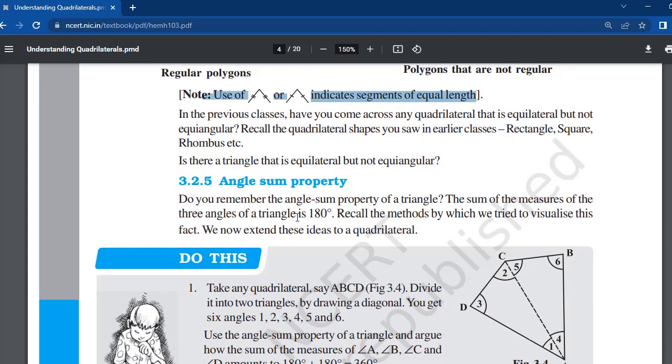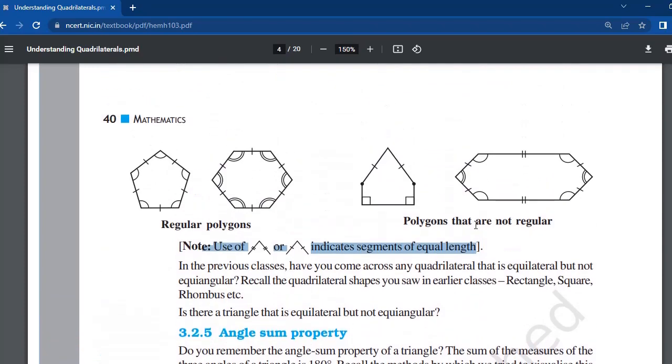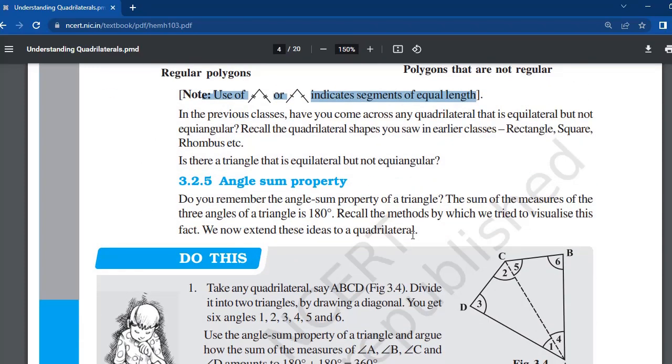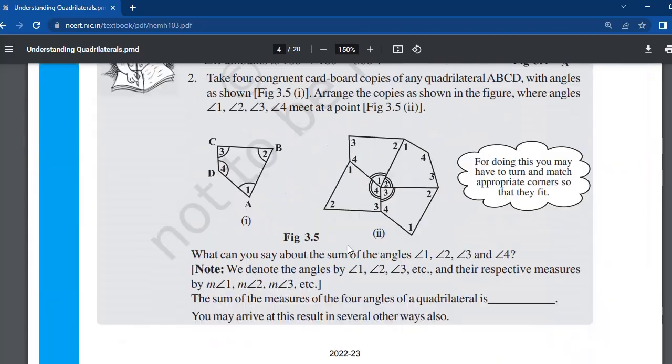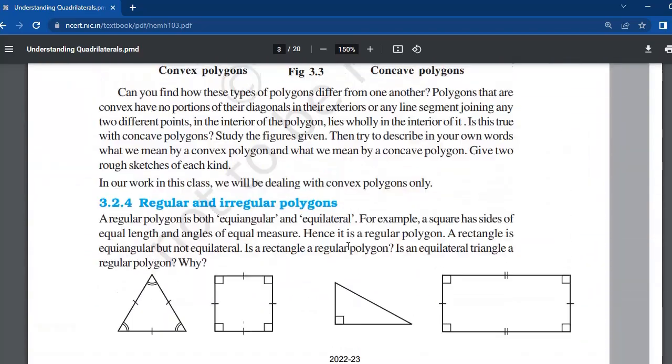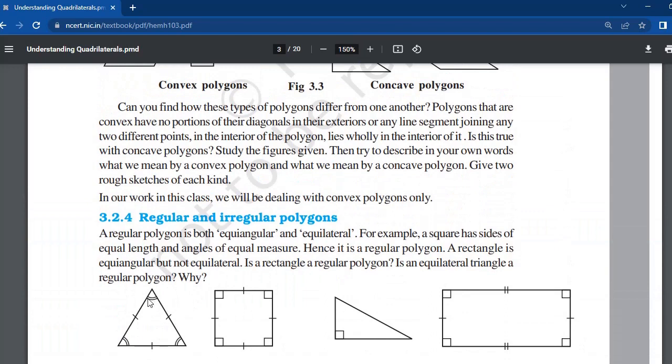Then angle sum properties. Like we know in a triangle, okay, this is a triangle. We learned about its properties in the previous class, 7th standard.